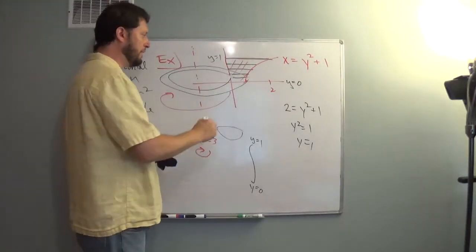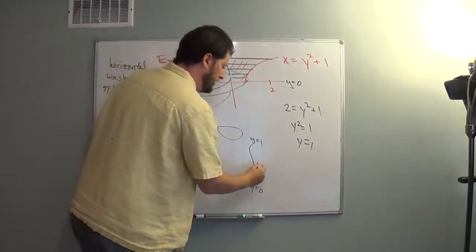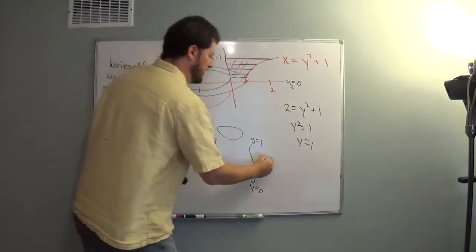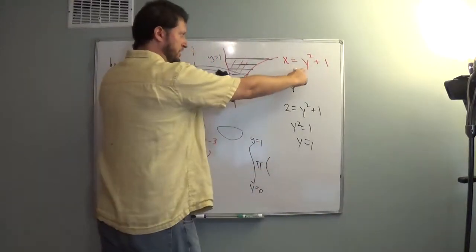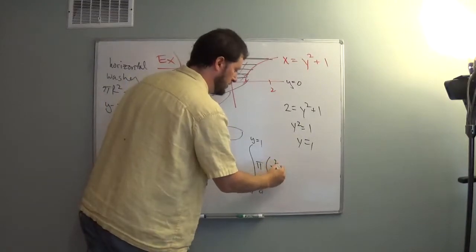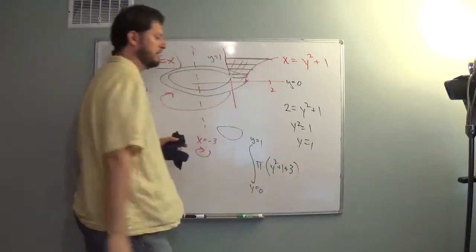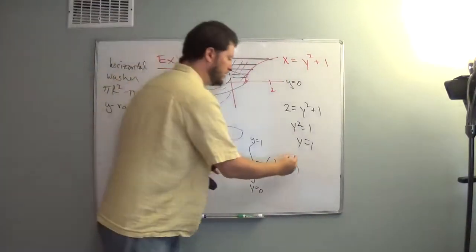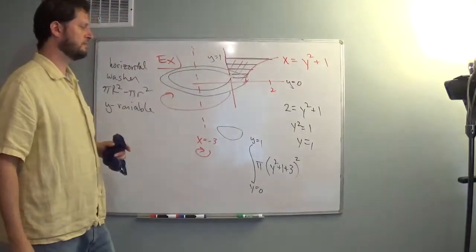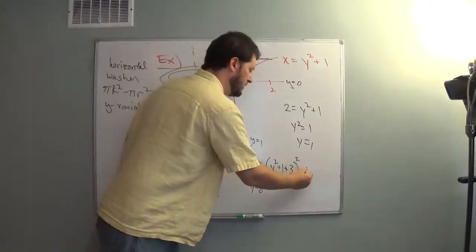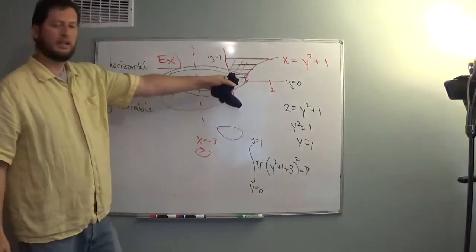So it will end up being pi, the big radius will be the function height, which is this function here, y squared plus 1, plus another 3. So that's pi r squared minus pi times the little radius squared.